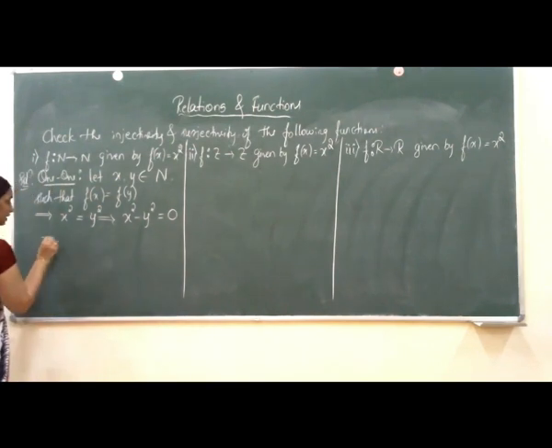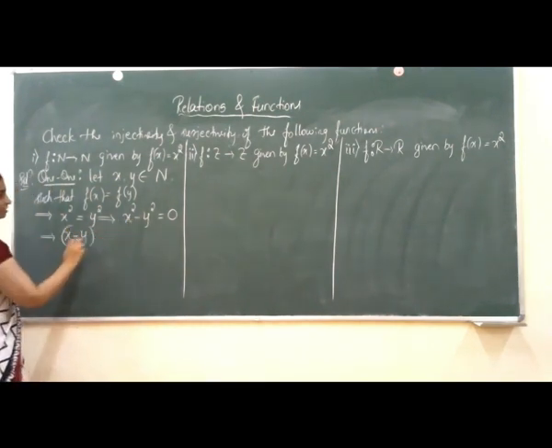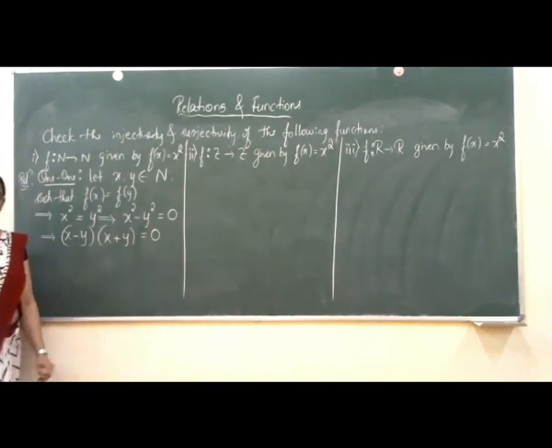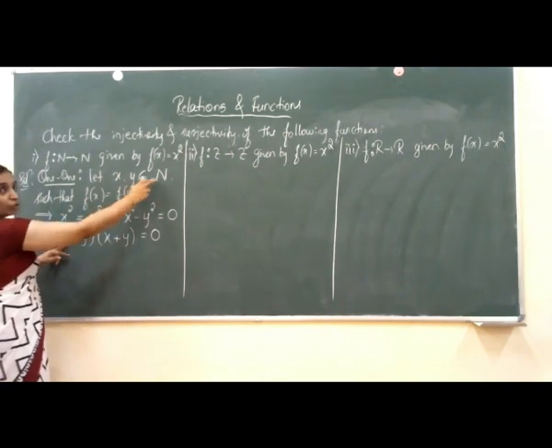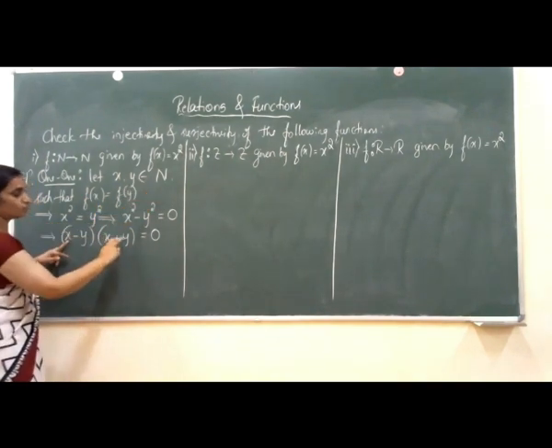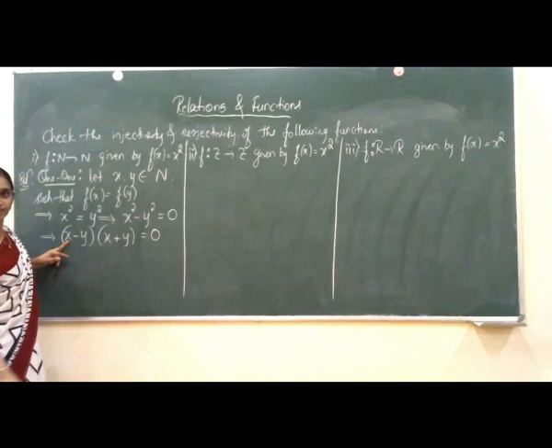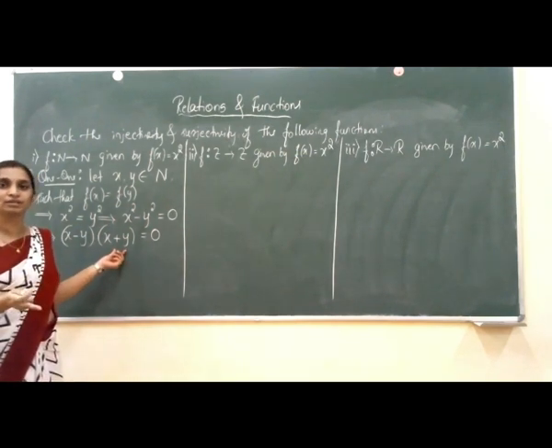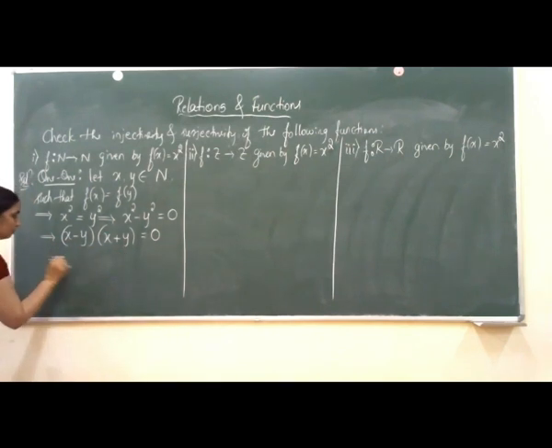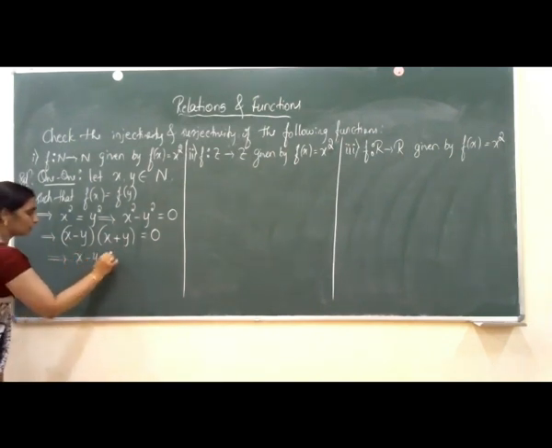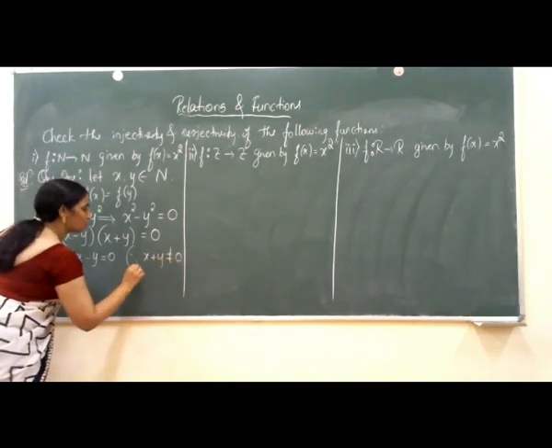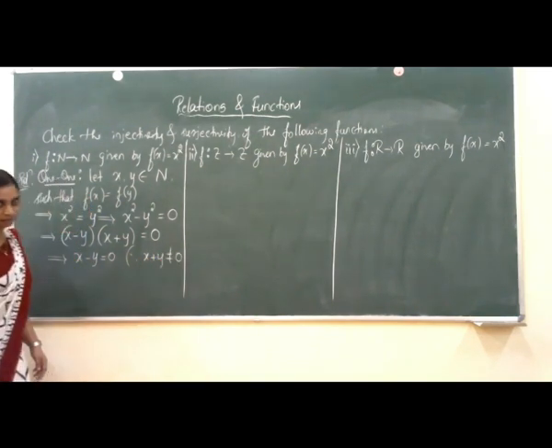Already we know x square minus y square is x minus y into x plus y equal to 0. Since x and y both are natural numbers, x plus y cannot be 0, isn't it? Because we don't have any natural numbers whose sum is 0. So this implies x minus y equal to 0, because x plus y is not equal to 0 as x and y are natural.